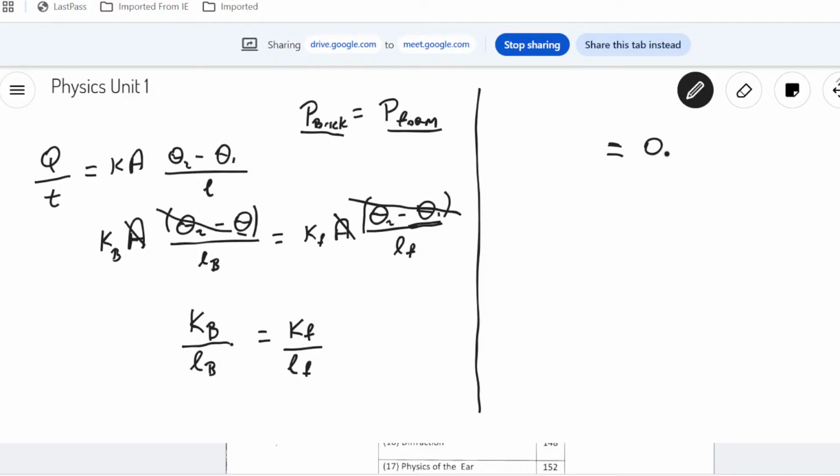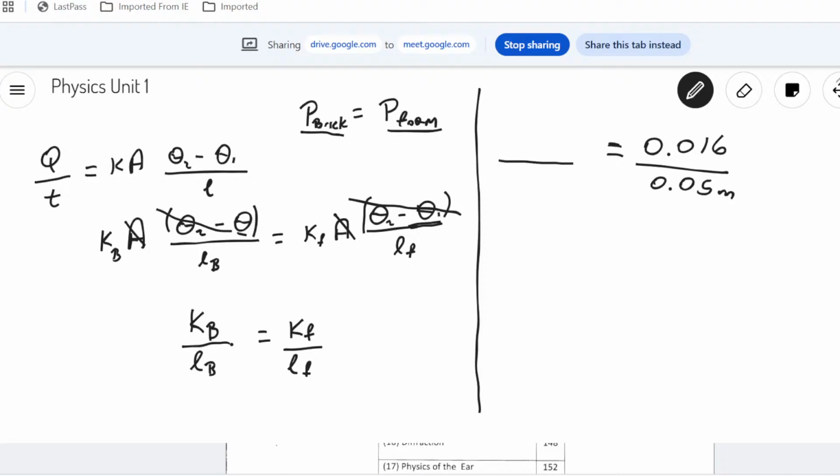It was 0.016. And the thickness of the foam was 0.05 meters.